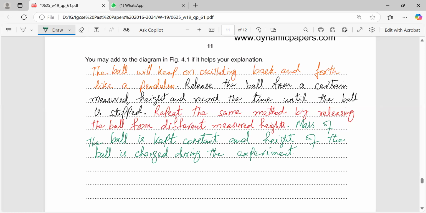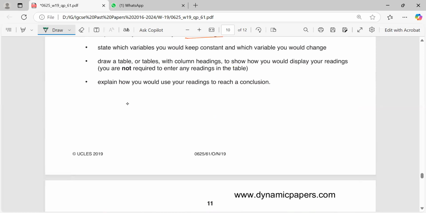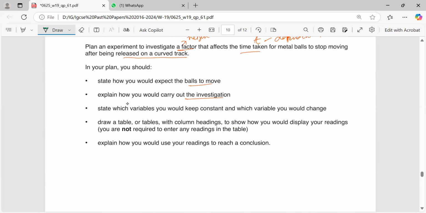Then the next is: draw a table or tables with column headings to show how you would display your readings.